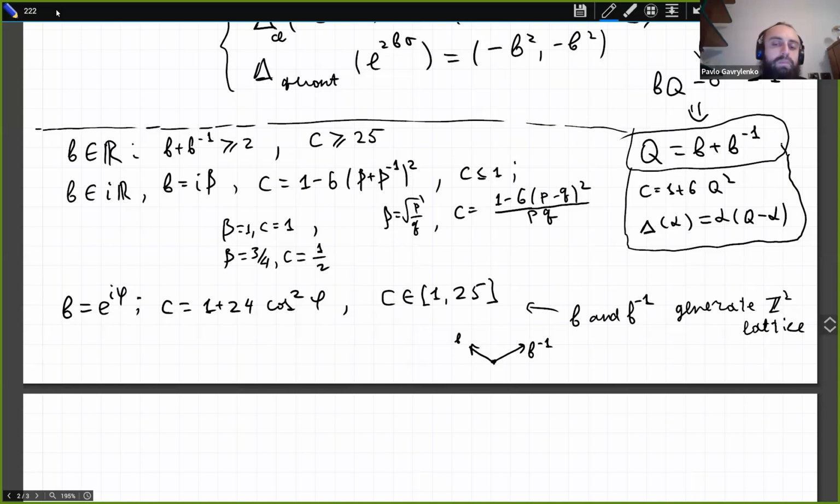We have infinitely many doubly periodic functions, and so it means that this complex Liouville theory is very well defined for c greater than 25. We can define something similar to Liouville for c less than 1. And what happens between 1 and 25 is a more complicated question.